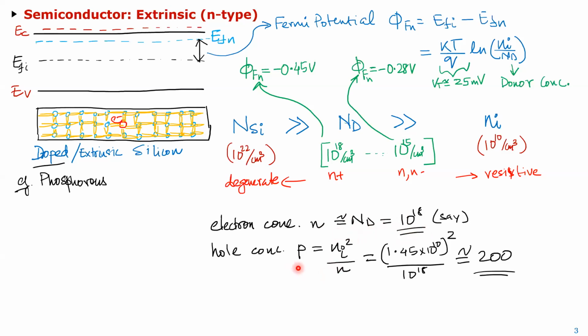And if you use the mass action law, which I showed you in the previous slide, you can calculate the holes. You can see the holes are only about 200. So your electrons are like 10 to the power 18, and these are only 200. In semiconductor language, these are called majority carriers. In N type, these are called the minority carriers.